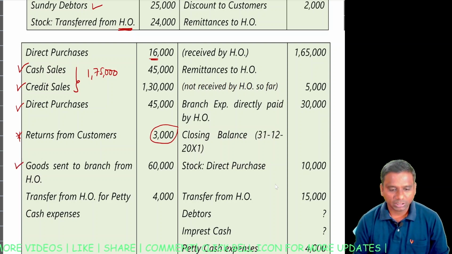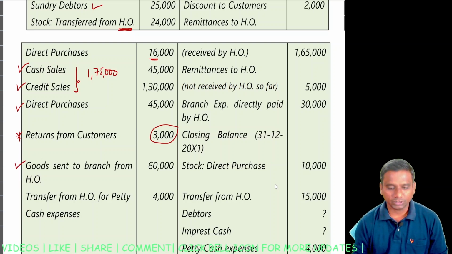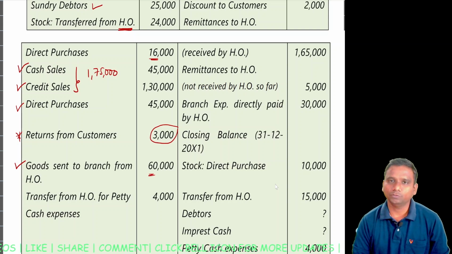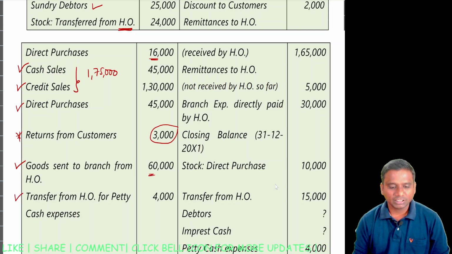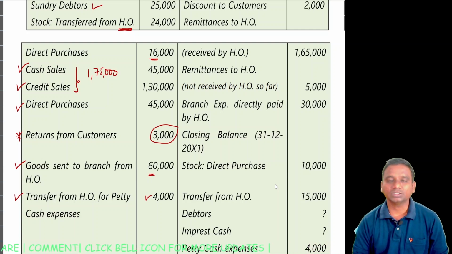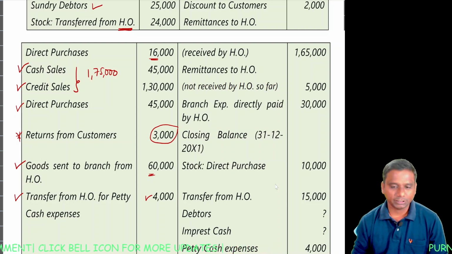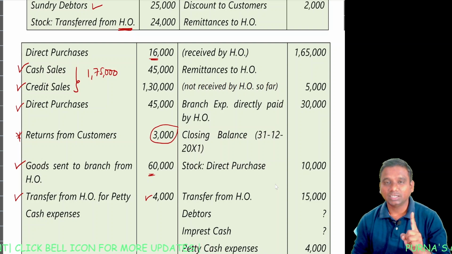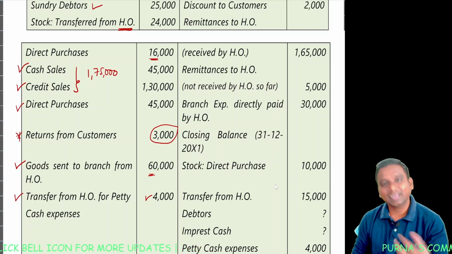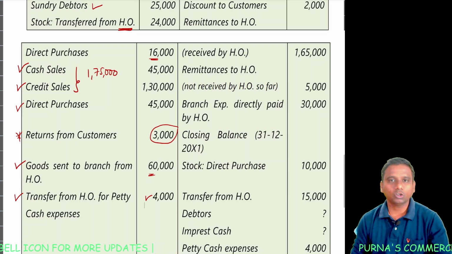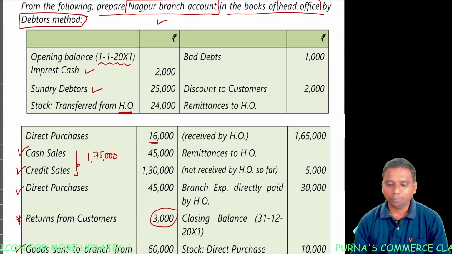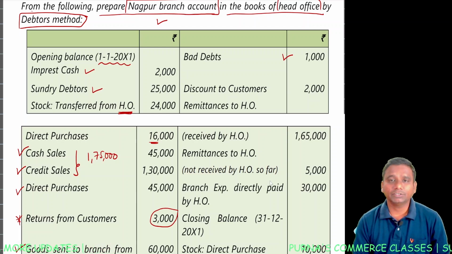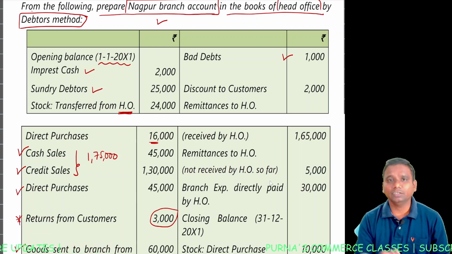Next, goods sent to the branch from head office. We sent 60,000 worth of goods. Next, transfer from head office for petty cash expenses, 4,000 rupees. We are not paying the expenses, but we sent 4,000 rupees cash to the branch for payment of petty expenses. Next, bad debts. Bad debts arise only when we sell goods on credit.